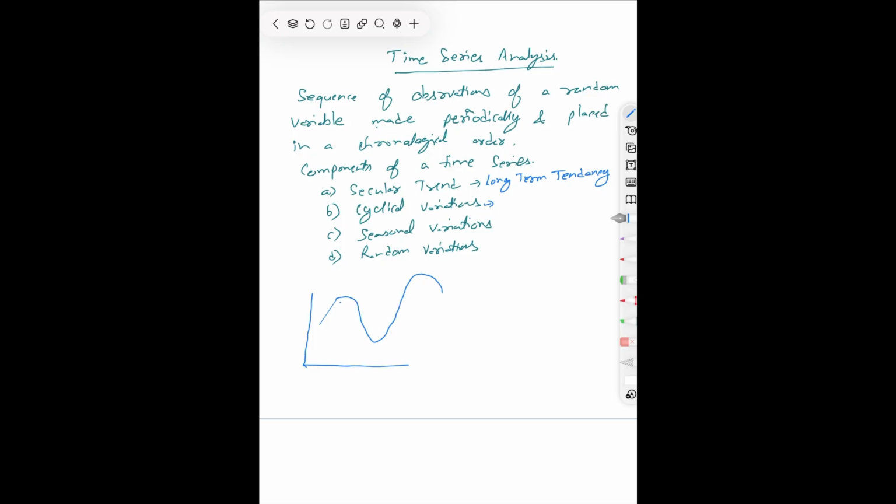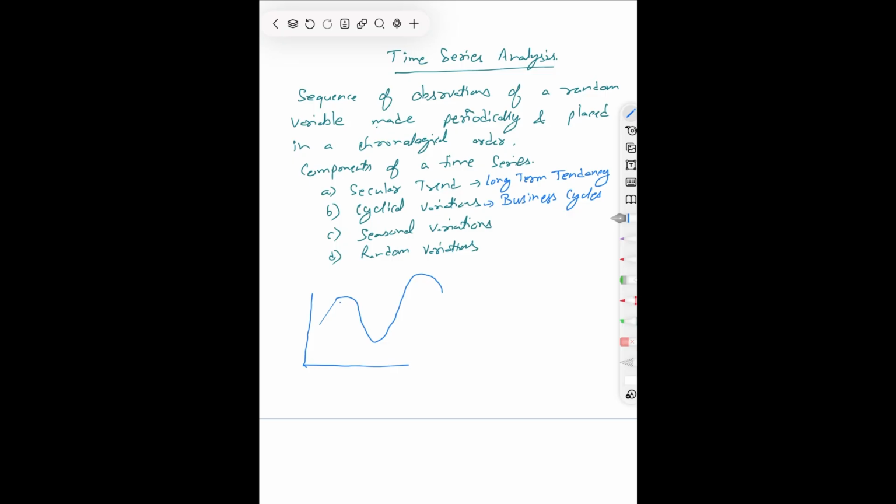So these cyclical observations will be obtained because of business cycles or cyclical movement of the business. So these are being contributed by the business cycle nature of the particular industry we are talking about.